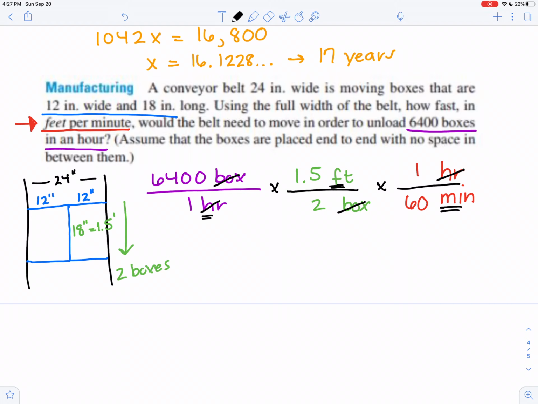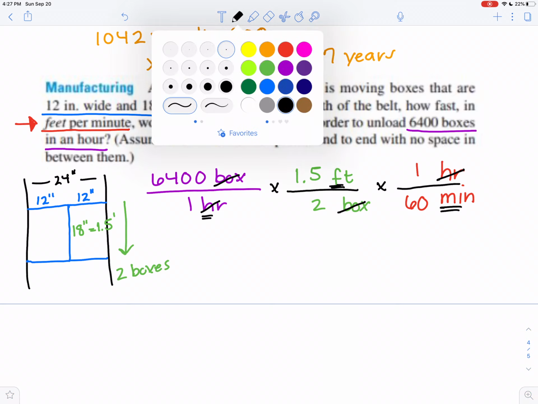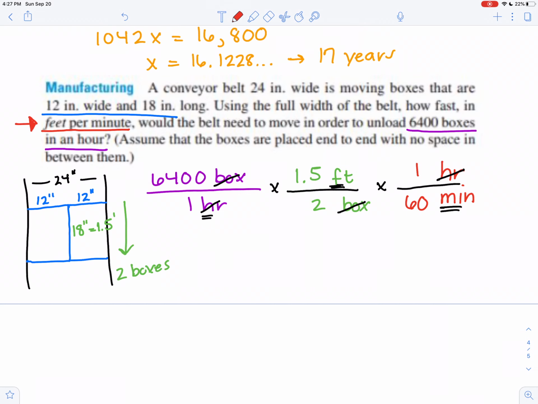So all we're really doing here is a bit of a rate conversion. If I multiply what's across the top, 6,400 times 1.5, and divide that by 120, because that's what I have on the bottom, that gives me 80.